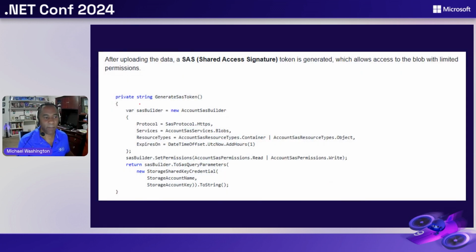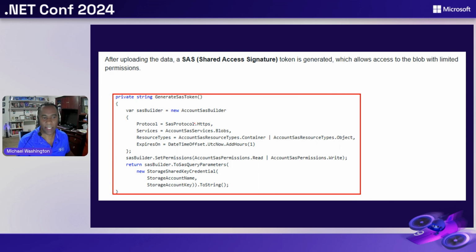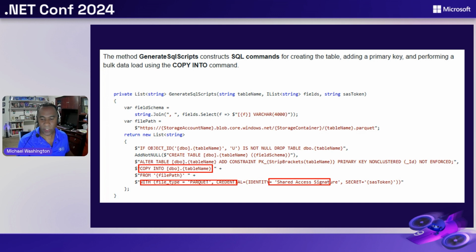Now, obviously, I don't want to put it into a public Azure Storage. So I use this code to create a SAS token. I set it to 1 hour, but I only need actually just a couple of minutes. And then I call that copy into statement where I specify the Parquet file, the shared access signature, passing the SAS token.